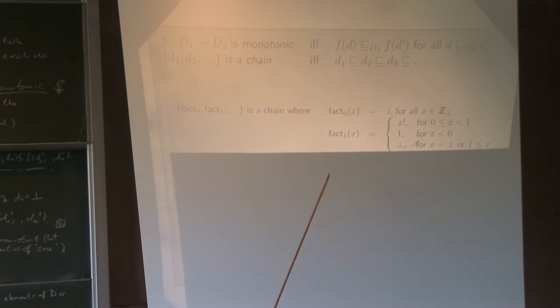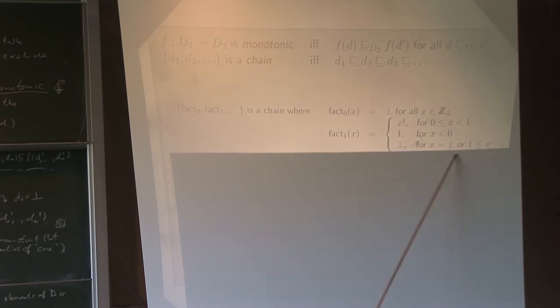So fact 1 is like the factorial function for all x's less than 1. Now I defined, to make things easy, the factorial for negative numbers to be 1. So my factorial function is 1 for all negative numbers. So then this is like the factorial function for negative numbers and for all positive numbers less than 1. And everywhere else it is bottom.